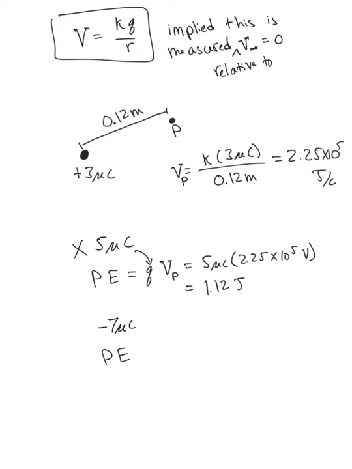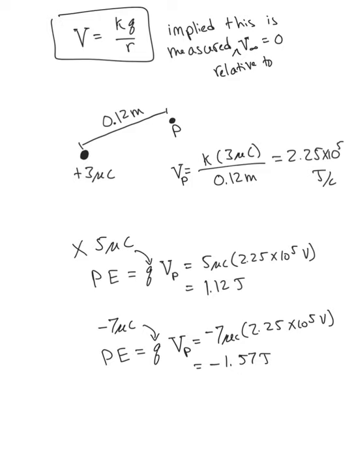Still, I just have the original charge, but I'm bringing in a different charge and placing it at point P. And the potential energy of this would be, again, Q, but now my Q is my charge that I'm bringing in, -7 microcoulombs, multiplied by the voltage at that point, which is 2.25 times 10 to the 5th volts. And that value is -1.57 joules.